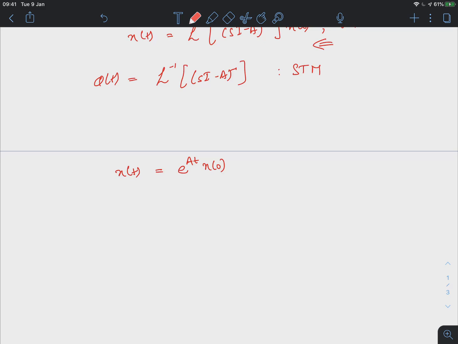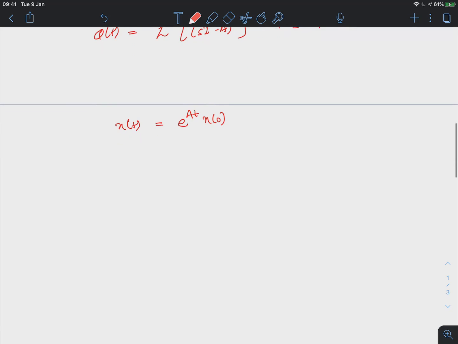Assume that this is a solution of this homogeneous system, and this exponential, where we know that A is a matrix, can be represented by using the Taylor series. If I expand e to the power At, it is I plus At plus 1 over 2 factorial A square t square, and it goes on.